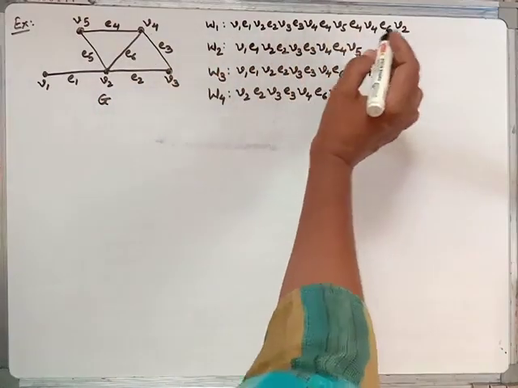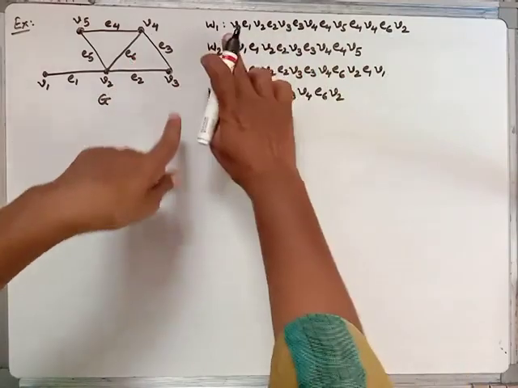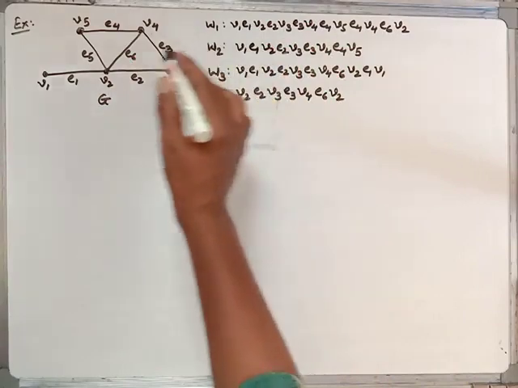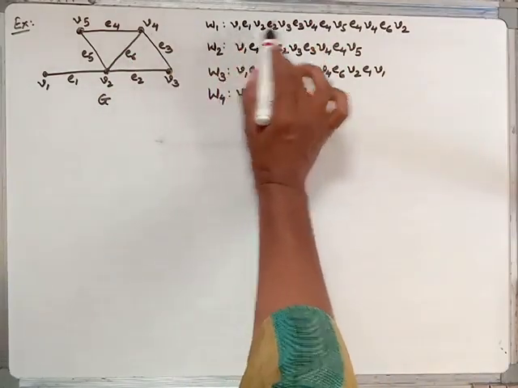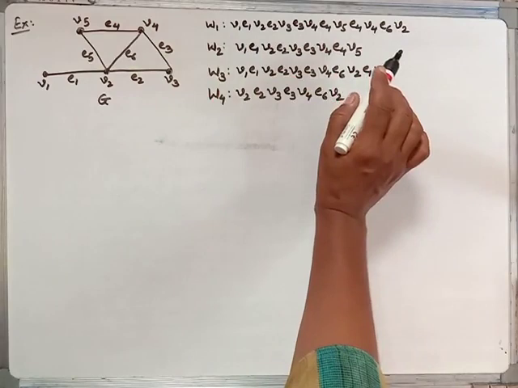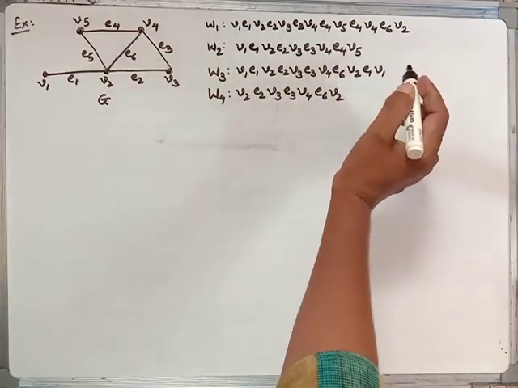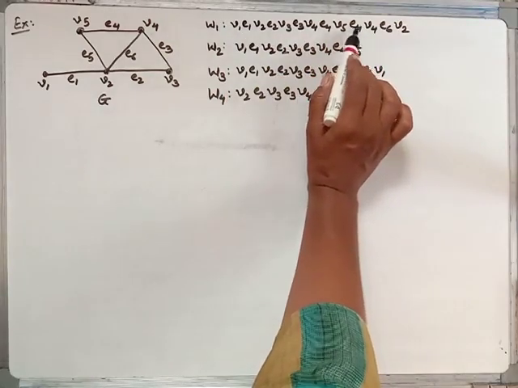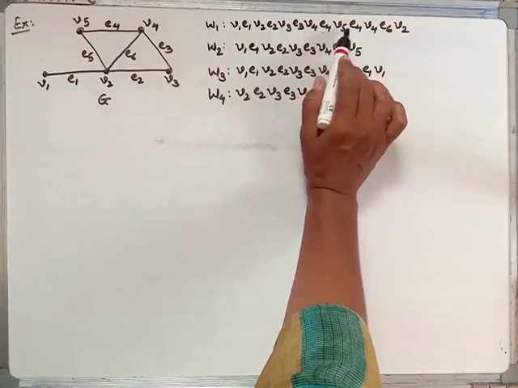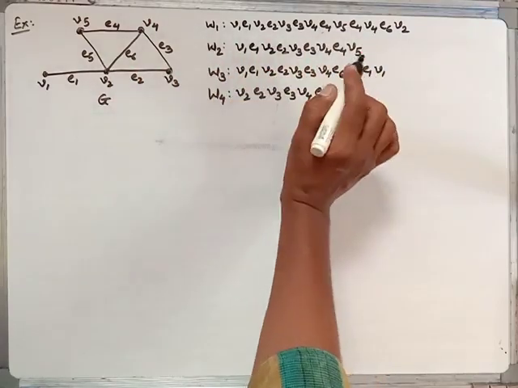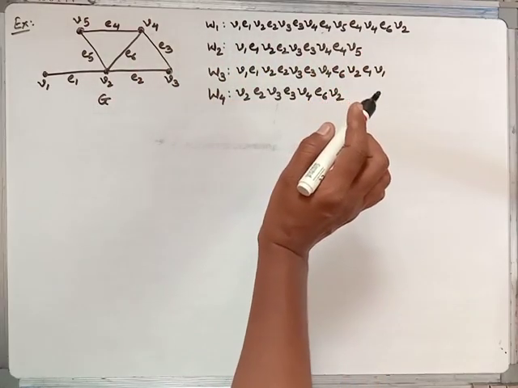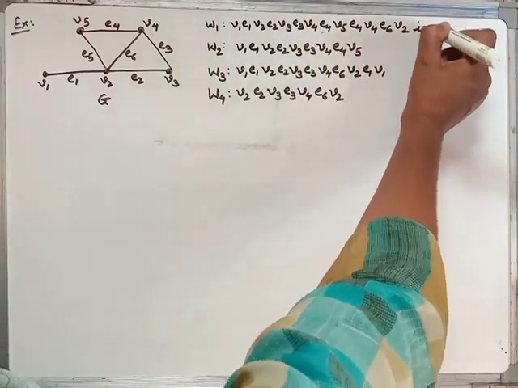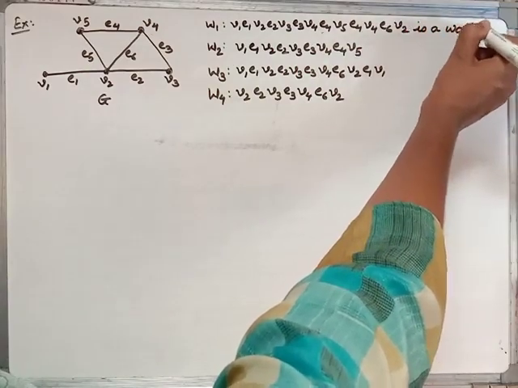Here it is completed. It is a sequence of vertices and edges, so it is a walk. V1 and V2 are not the same, so it is an open walk. But this edge E4 is repeated, that's why it is not a trail. So no question about tour also, it is simply a walk.